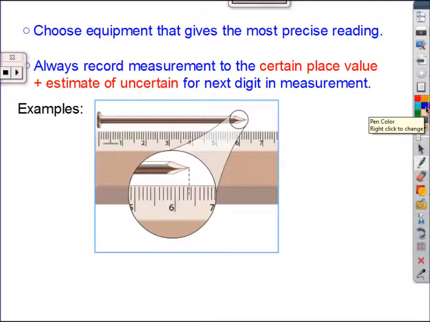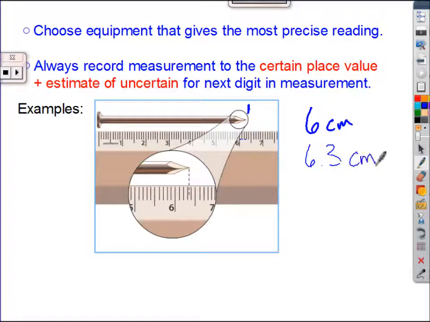How do we need to measure something? I can look at this nail and put it up to here, and I say I think it is 6 centimeters. Six centimeters is right, but it's not a very good number. I can make that number better. If I actually look at where this falls, 6, 1, 2, 3, I can call it 6.3 centimeters.